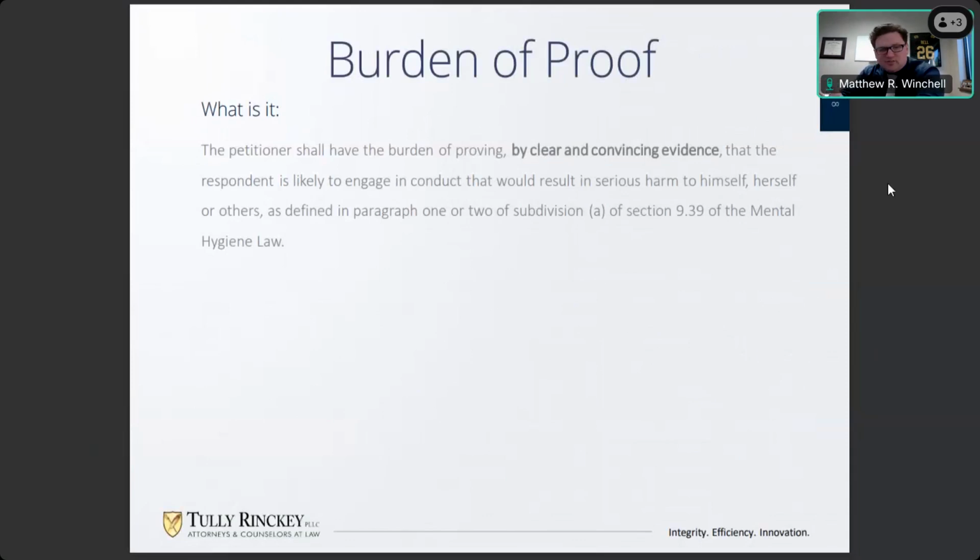So unlike criminal law, for example, where it's beyond a reasonable doubt, this is just by clear and convincing evidence. So the standard, it's not a difficult burden to meet for the petitioner at all. So taking people's guns under this section of the CPLR is effective and very easy.